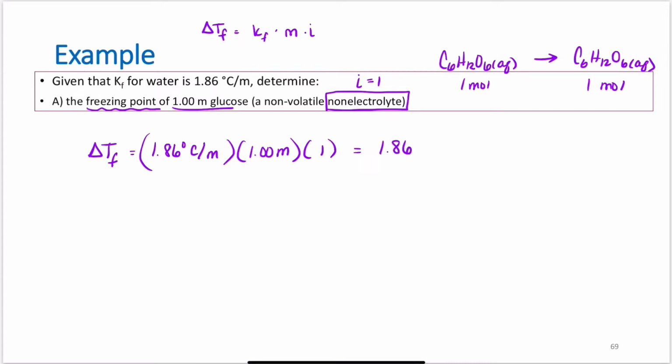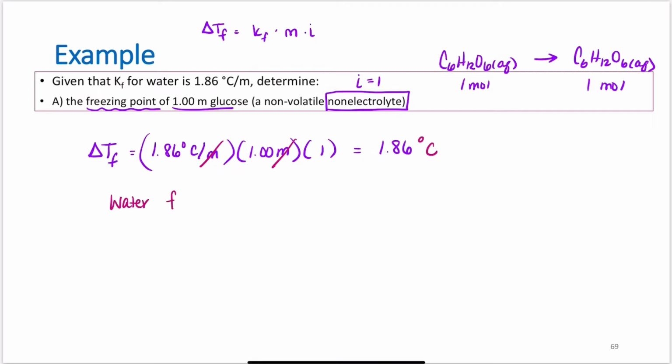Let's check our units here. The molals cancel out, and I'm given degrees C. Does this mean that the freezing point of glucose is 1.86 degrees C? No, that is not correct. We're not done yet. This is the change in temperature.